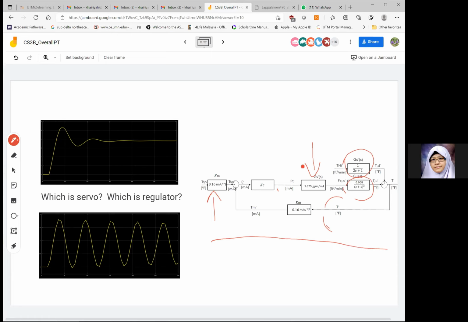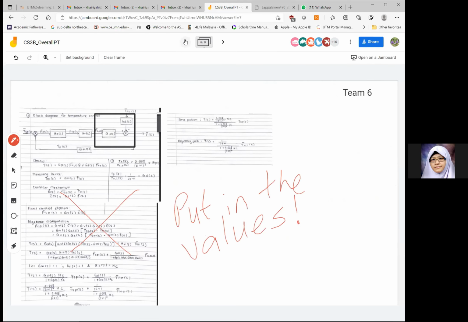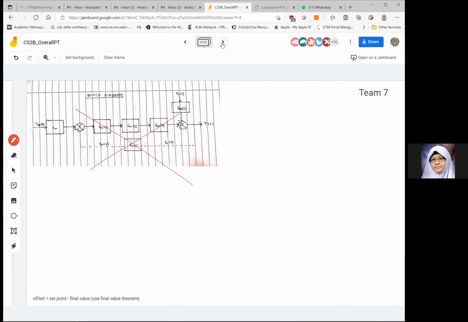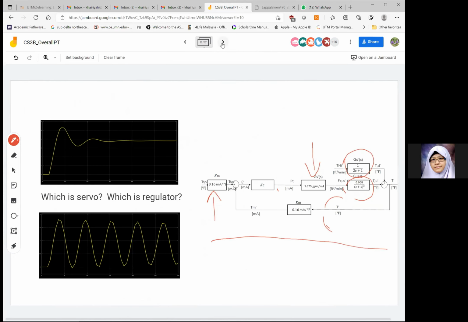If you go to the previous pages of the Jamboard, that is okay. Put the values in, and so on. Because what you're deriving is not clear. It doesn't show clearly whether you really understand what's going on.